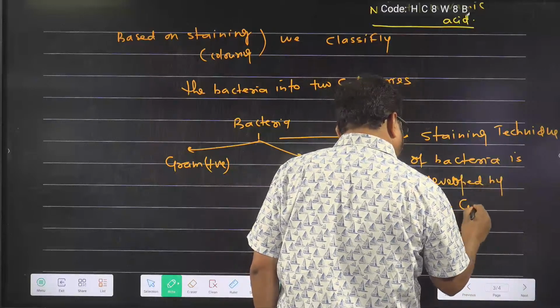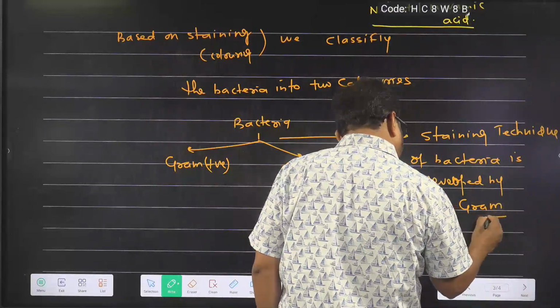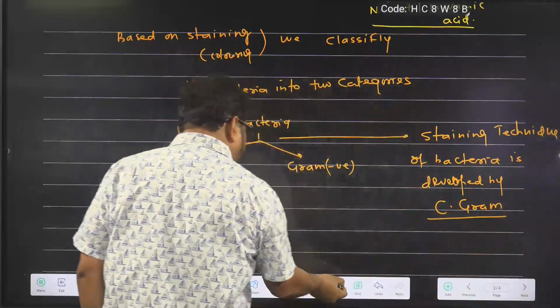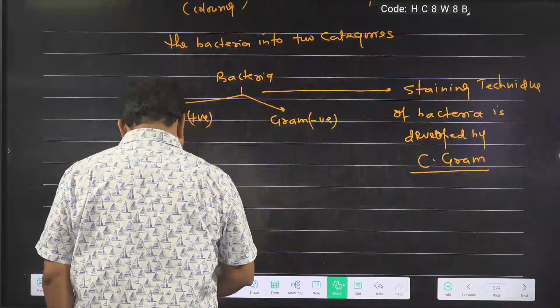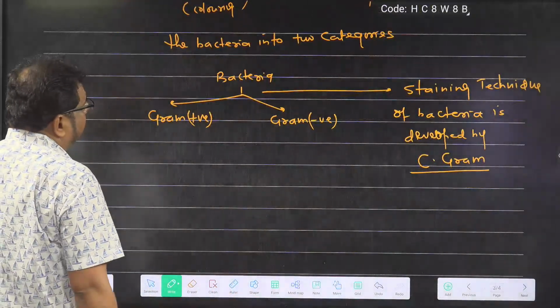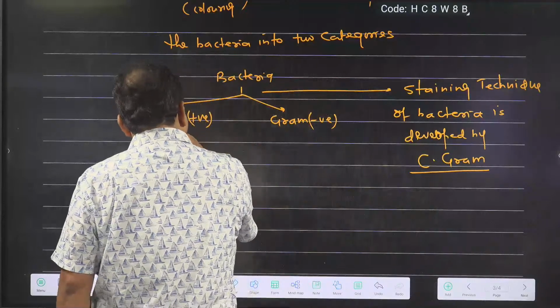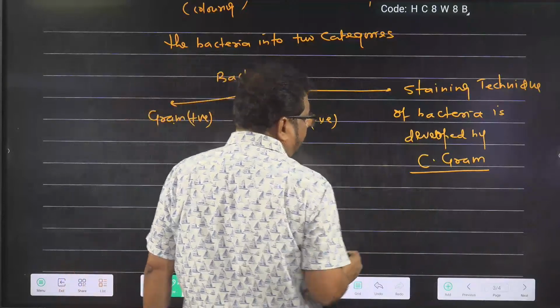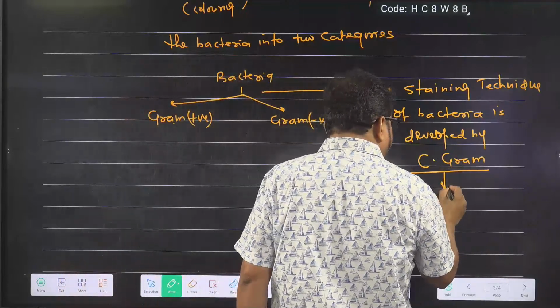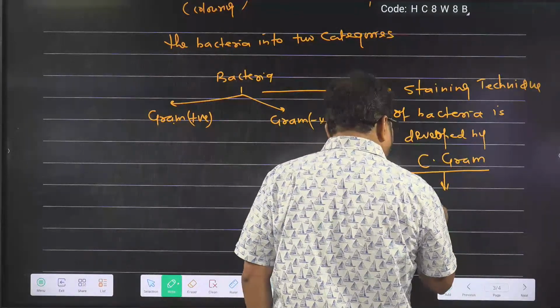C. Gram I am writing in short. Christian Gram. Got the idea? In honor of his name, we classify the bacteria into gram-positive and gram-negative. So he developed the gram stain.